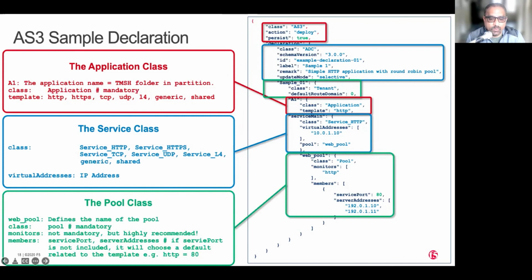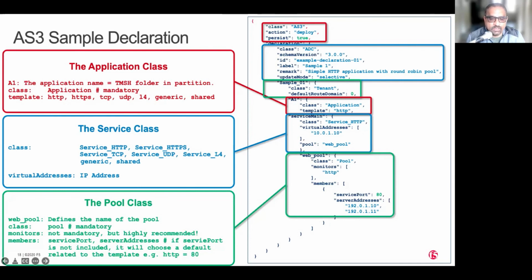Then you have the pool class, which will correspond to that particular application class or to that virtual server, right? And this will be your standard things like port number as well as node addresses. So the server addresses is where you will define the node addresses, and service port is where you will define the port under the members.